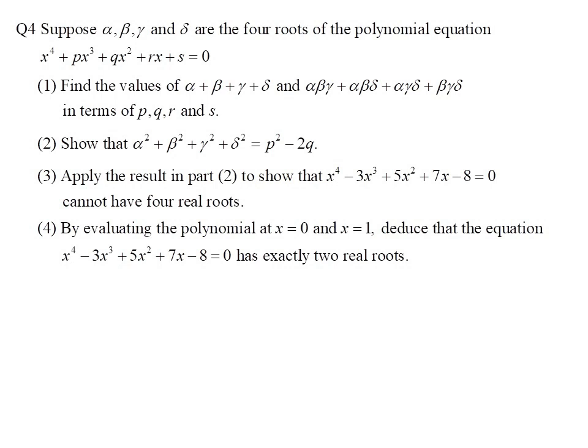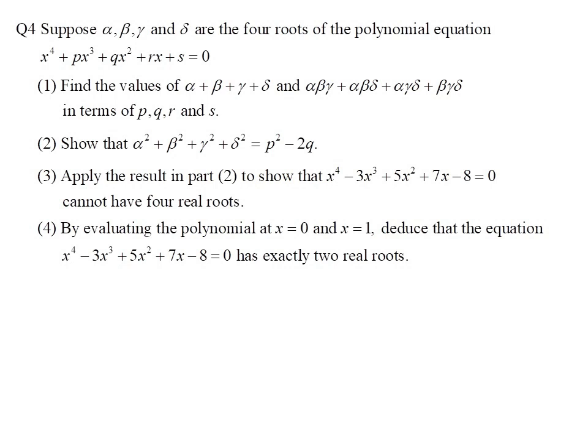The first one is to find the sum of alpha, beta, gamma, and delta, and the sum of alpha beta gamma, alpha beta delta, alpha gamma delta, and beta gamma delta, in terms of p, q, r, and s. The second question is to show the sum of alpha squared, beta squared, gamma squared, and delta squared is equal to p squared minus 2q.